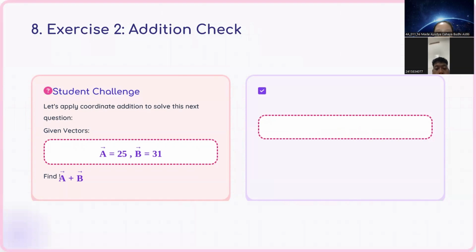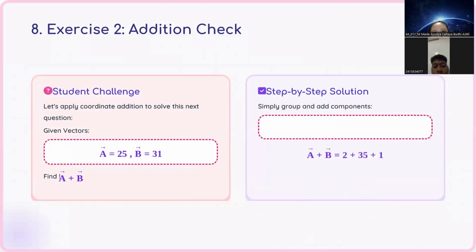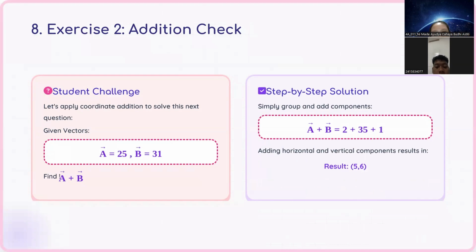Now please explain your answer. Vector A plus vector B equals 2 plus 3, 5 plus 1, equals 5, 6. Therefore, the answer is 5, 6. Okay, excellent, Wahyu. You have applied vector addition correctly.